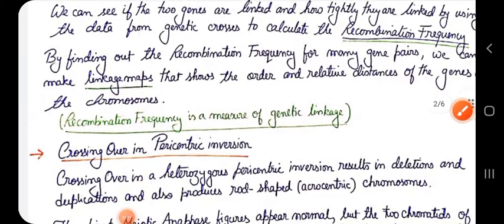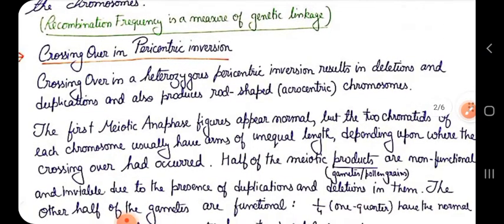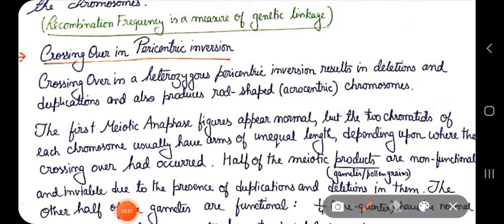Next is the cytological observation of paracentric and pericentric inversion. It is saying what events are going to be observed when crossing over occurs during pericentric inversion. Let us see.